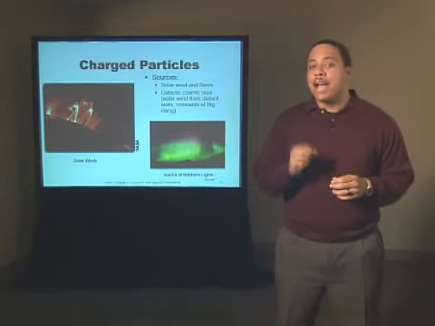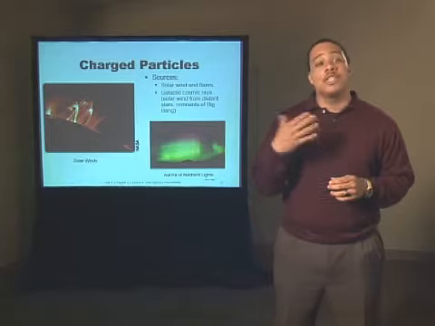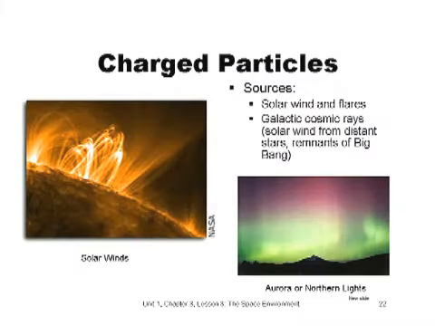Next, we'll look at what might be the most dangerous elements of the space environment. Charged particles that bombard the spacecraft come from the sun through the solar wind and solar flares. One of the interesting and beautiful effects of these charged particles is the aurora, or northern lights, shown here.